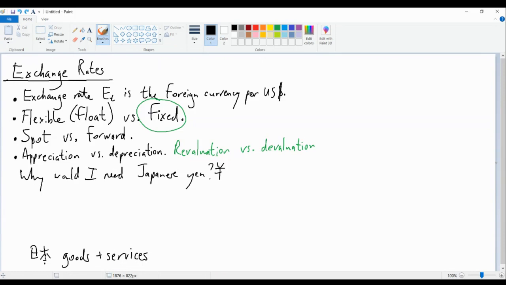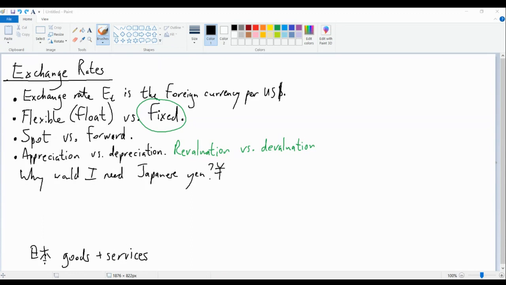Any other possibilities? Other reasons why you might want to buy Japanese currency? Sophia mentioned something about inflation. We'll get to that very soon, actually. So set that thought aside for a second. Goods and services aren't the only things that we buy, right? Another thing that we've been discussing throughout the semester is buying and selling things, but they weren't goods and services, right?